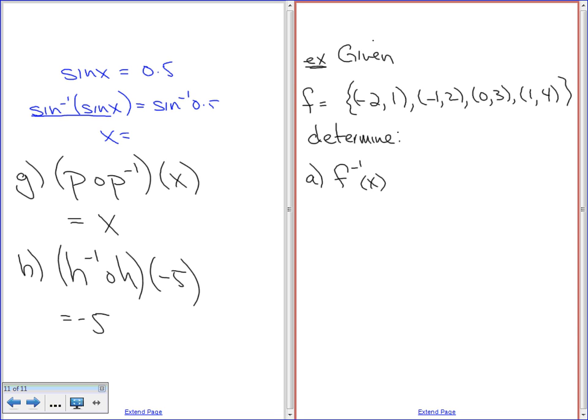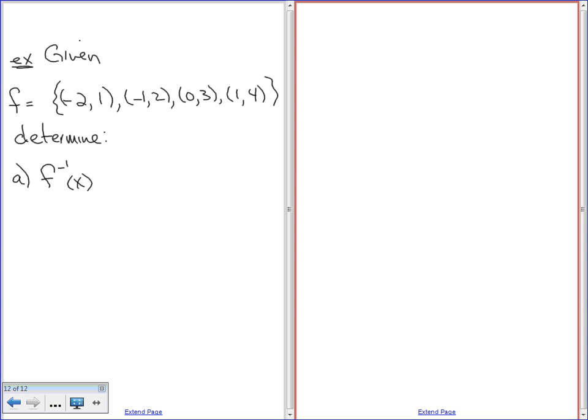Okay. So now we're doing discrete functions, just a reminder of how we evaluate discrete functions. If I want to find the inverse of a discrete function, how do I do it? Exactly like we did before, where we switched the x and the y values, but here you're just actually physically switching the y and the x values.